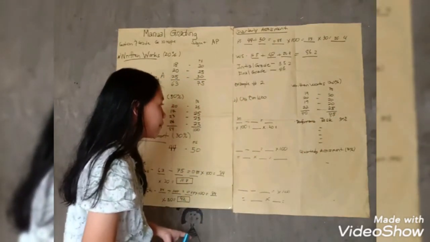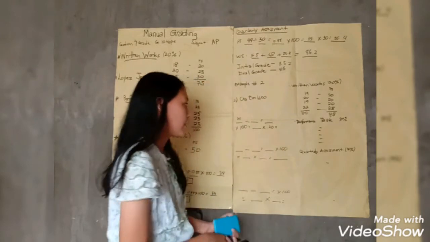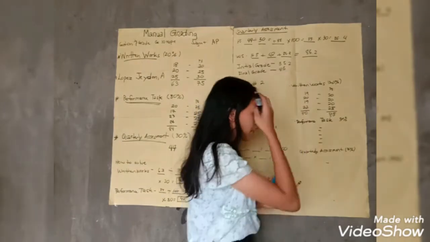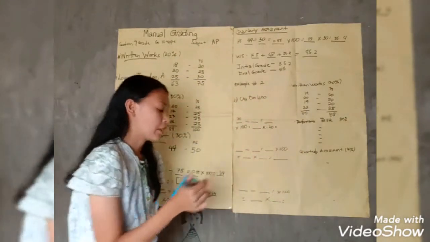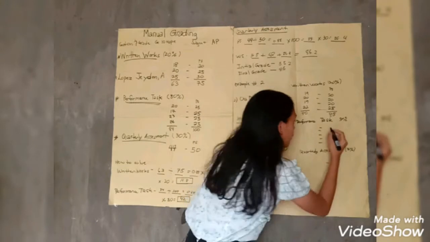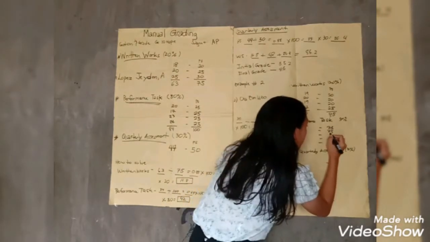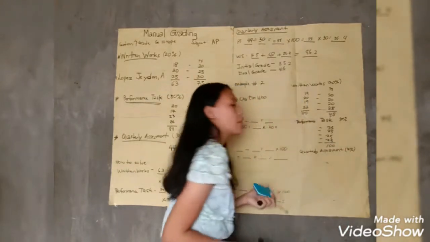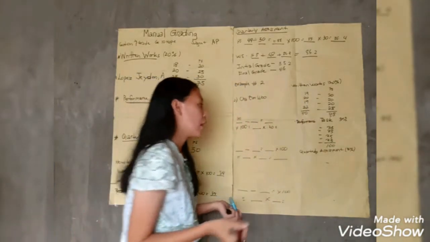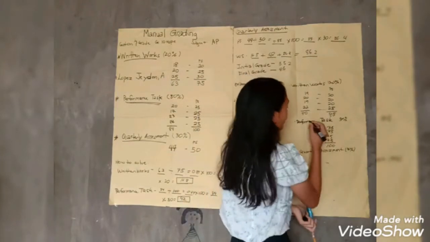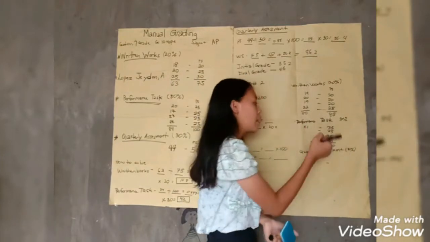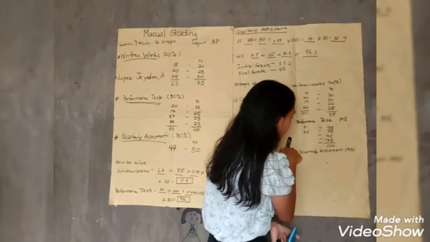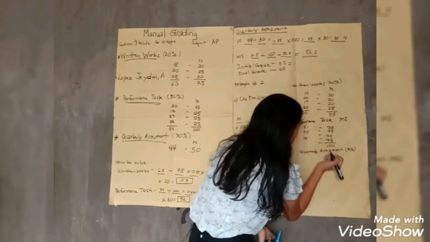And for the performance test, the highest possible score is 100. So 25, 25, 25, 25 equals 100. For example, in the first performance test, he got 21. Second, 24. Third, 21.